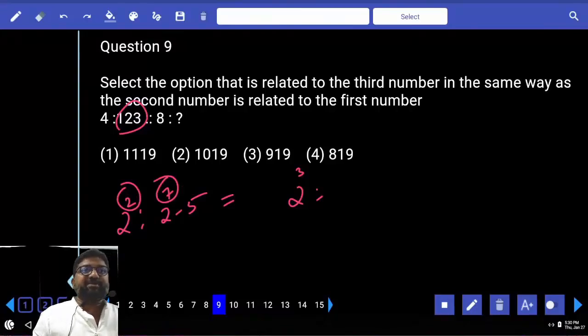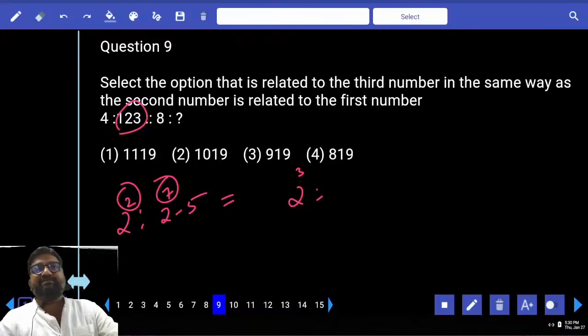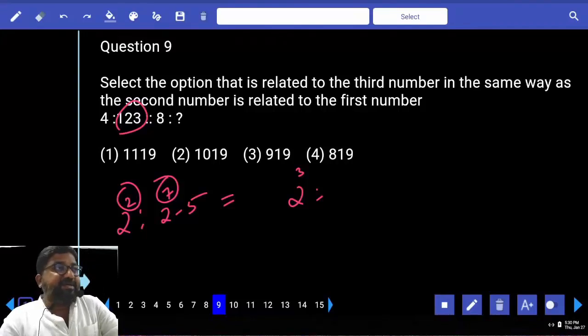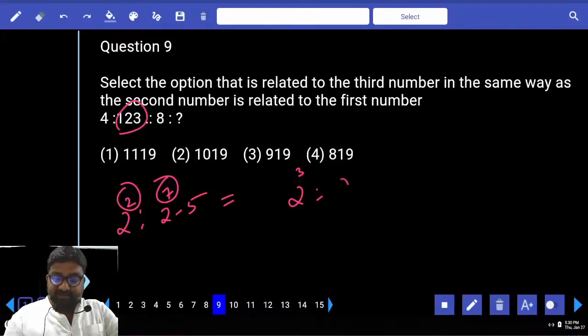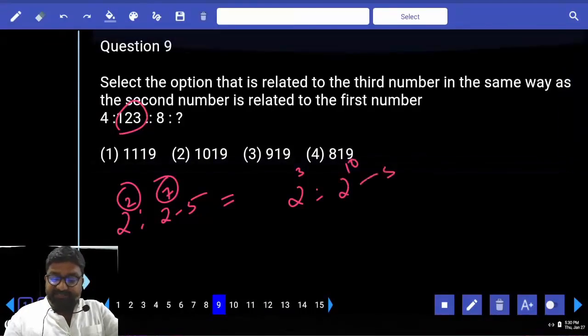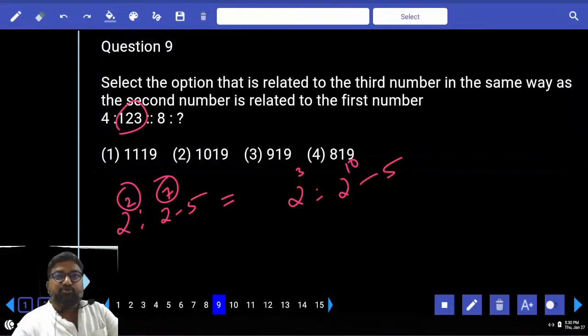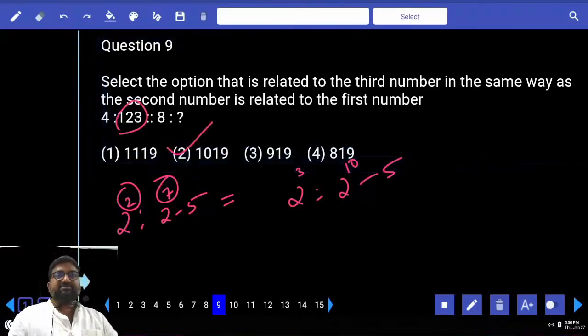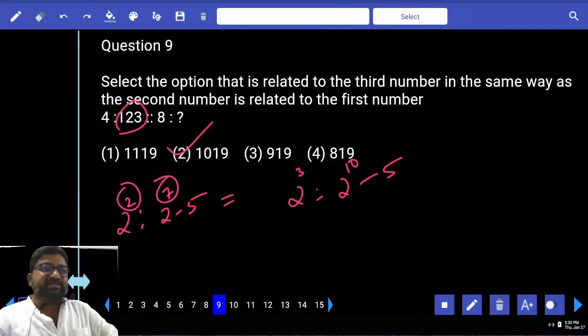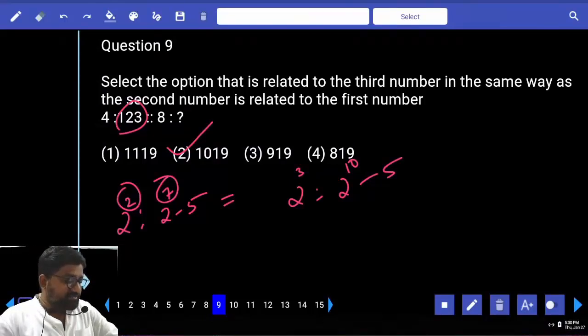What's the other possibility apart from plus 5? What could it be? Into 3 plus 1. 2 power 3. 3 into 3, 9, plus 1, 10. That means it could be 2 power 10 minus 5. What is 2 power 10? 1024 minus 5, 1019. Is it there or not? Yes. Clear? This is tough. Not that easy.